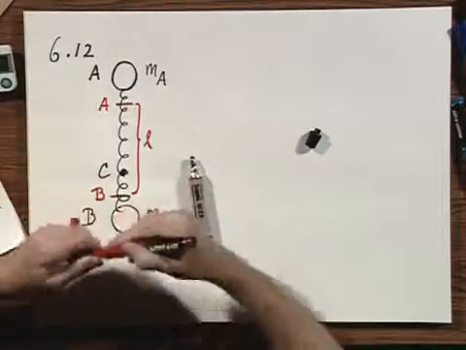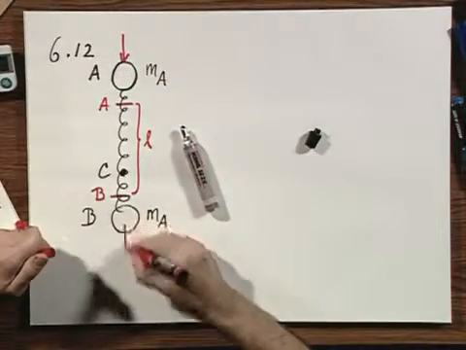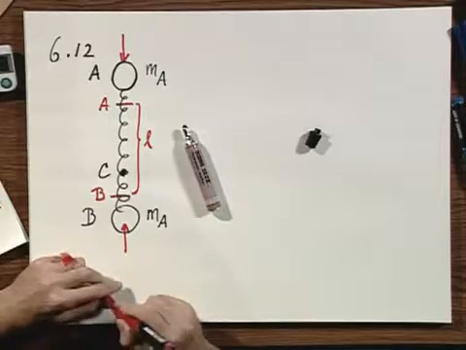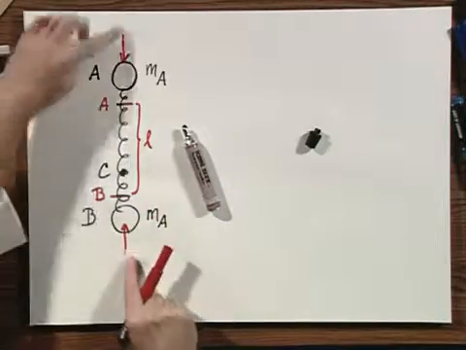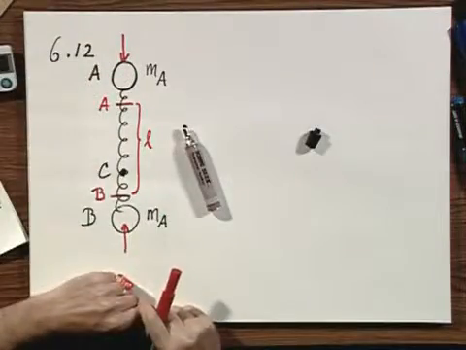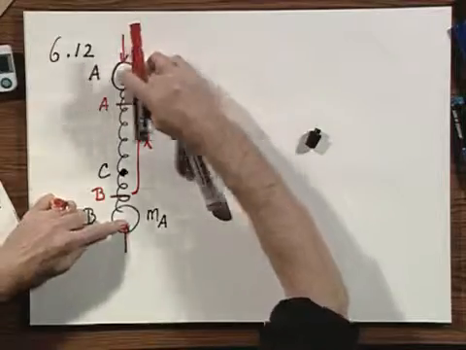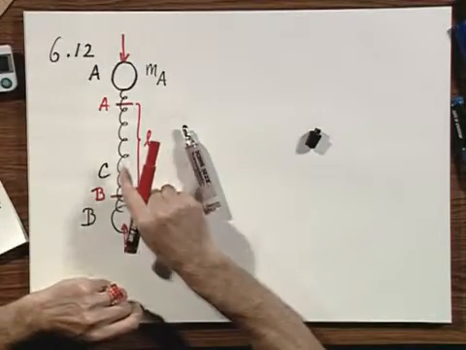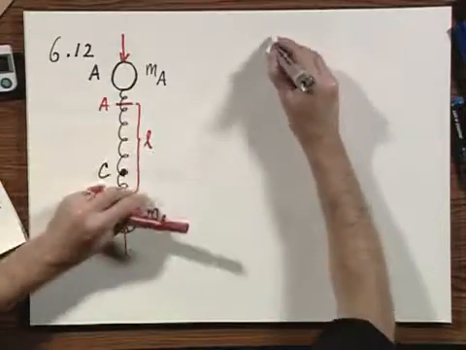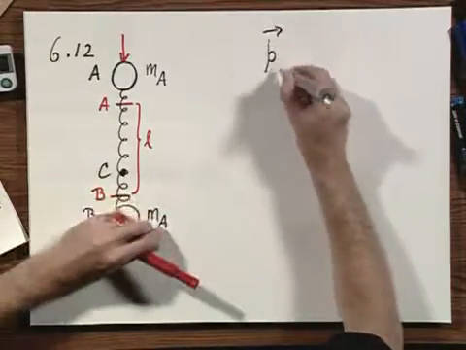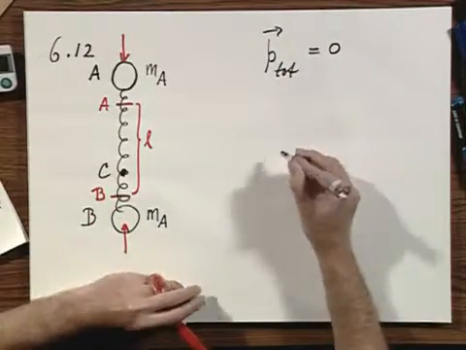That means any force that I put on here to push A down must be exactly the same in magnitude as the force that I apply to B to push it up, because action equals minus reaction. So there is no external force ever on this system, not even when I squeeze it down, and that means that the center of mass will stay in place. Or, which is almost saying the same thing, that P total of the whole system equals 0.